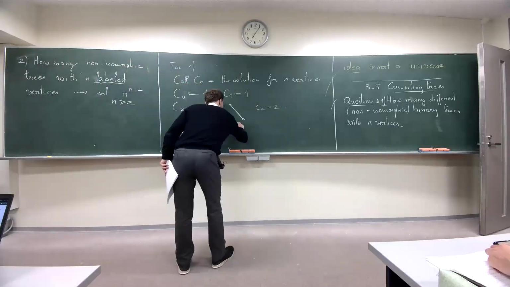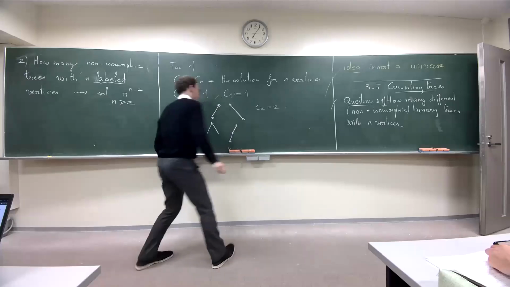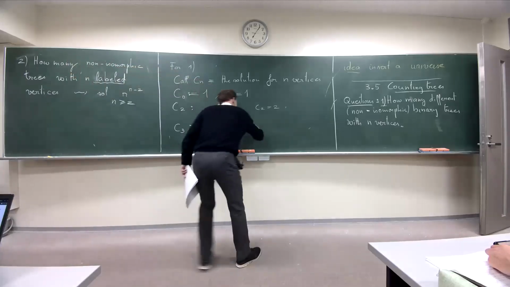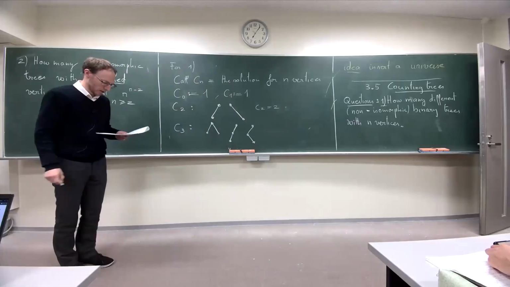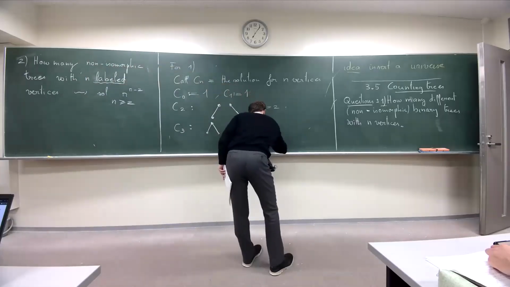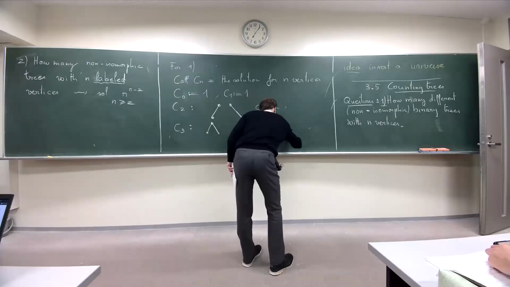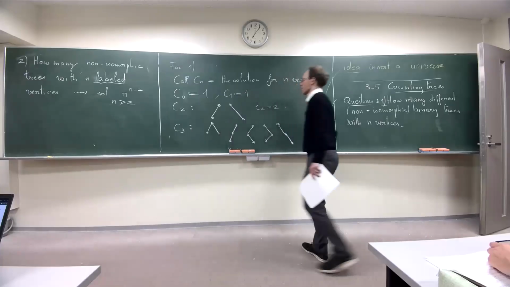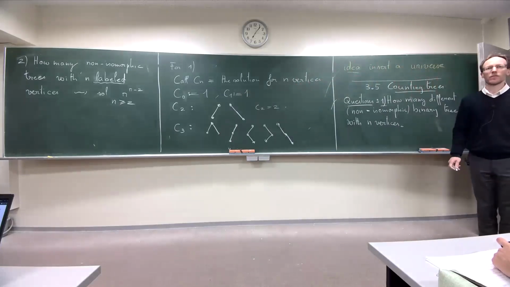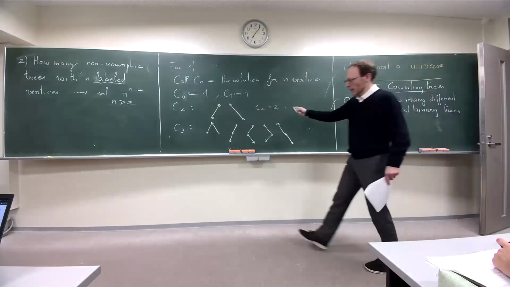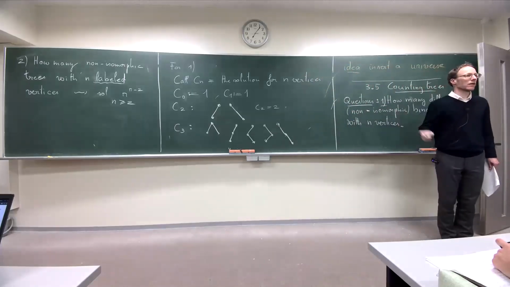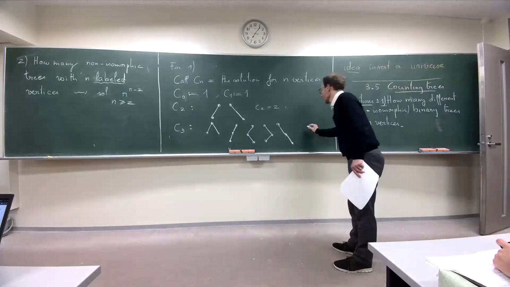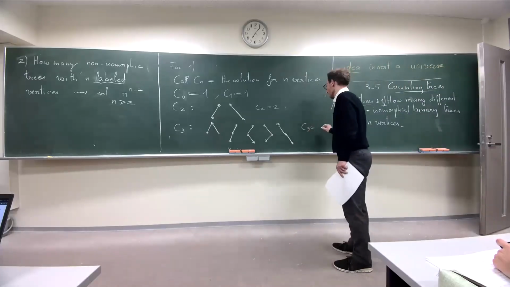Another one is two left children, like this. This is one more. Then we have this one and this one. They are not isomorphic, because an isomorphism should preserve whether it is left or right, so you cannot create an isomorphism. So C3 is 5.